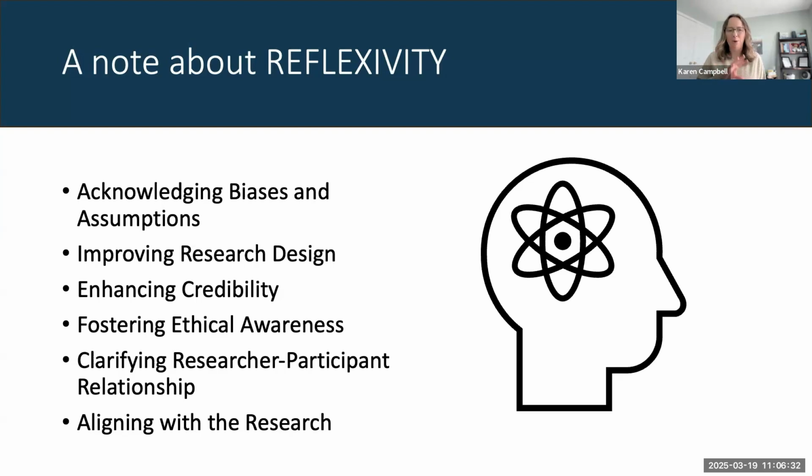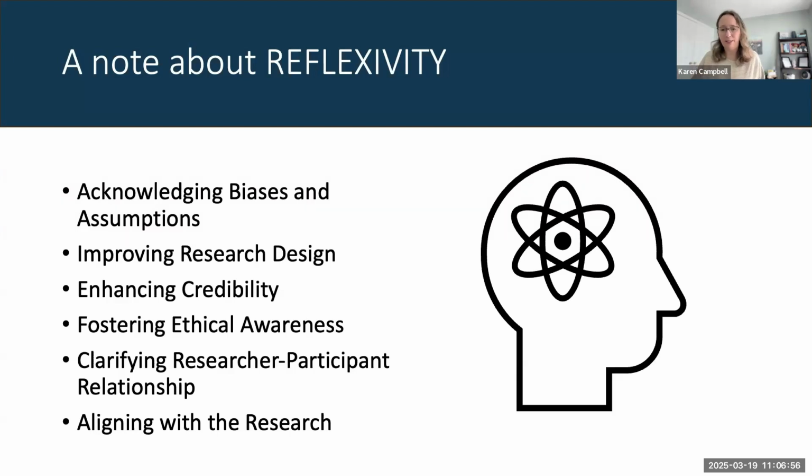Recognizing that as we move into this part of data generation, it helps us to acknowledge our biases and our assumptions. And when we do that, it really shapes how we design the study and how we choose to collect the data and how we choose to move through that portion of data generation.